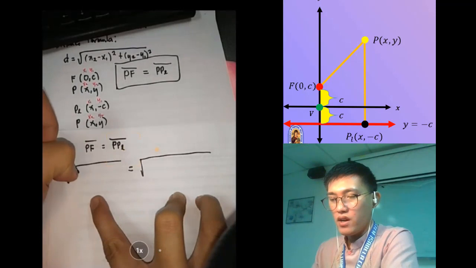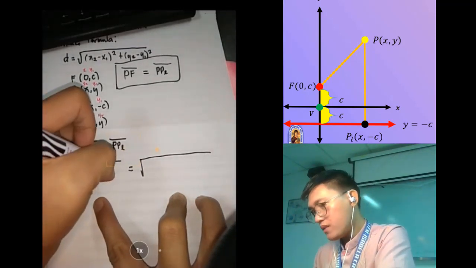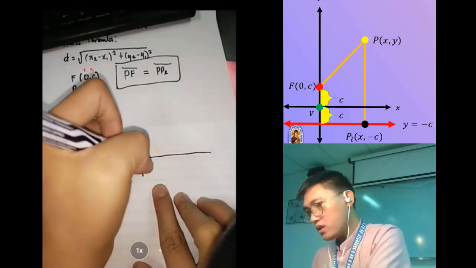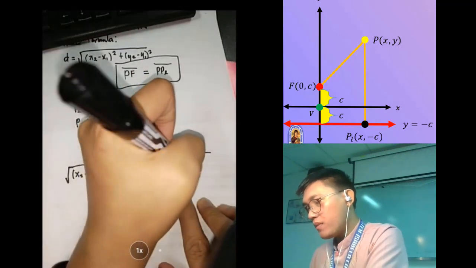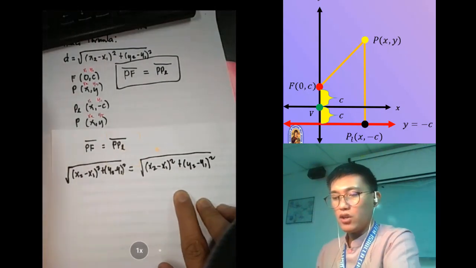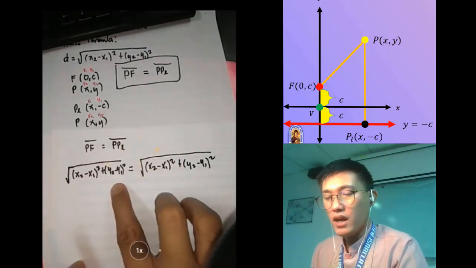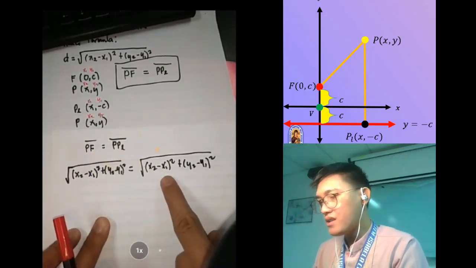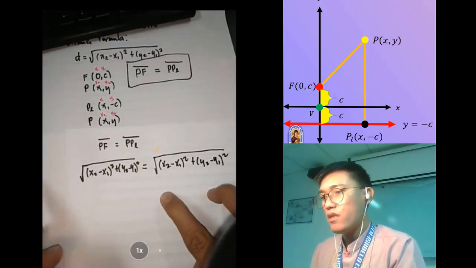We have here the square root of x sub 2 minus x sub 1 squared plus y sub 2 minus y sub 1 squared is equal to the square root of x sub 2 minus x sub 1 squared plus y sub 2 minus y sub 1 squared. You might get confused. The first distance formula is for PF, and the second one is the distance of PL, right?